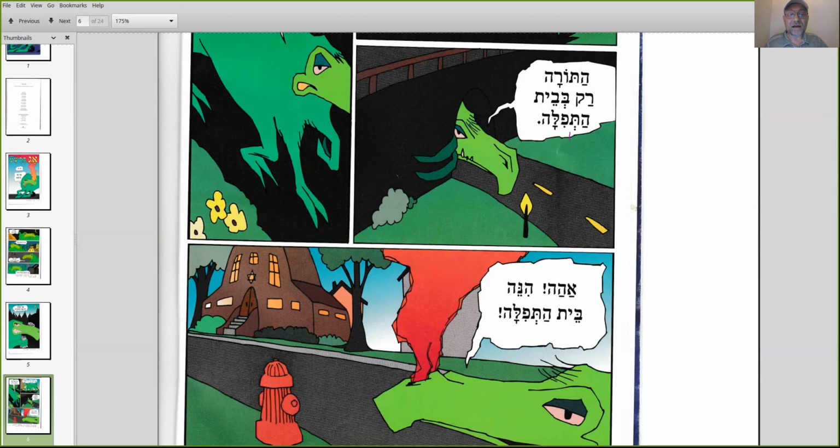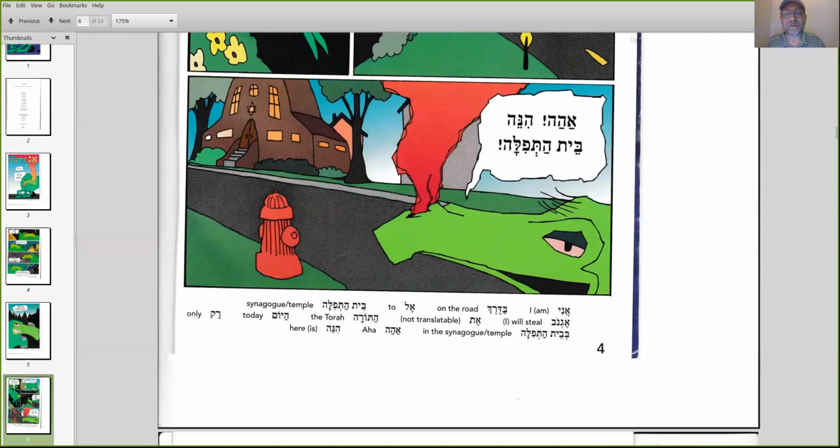Let's go on down now and see what else this rascal is up to. So here is Og again, and he is exclaiming, Aha! Hine Beit HaTefilah. So what does he find?